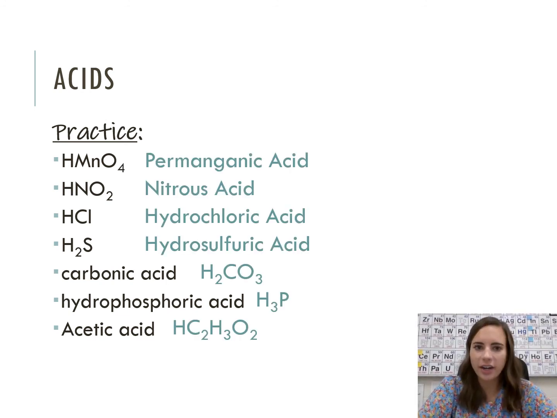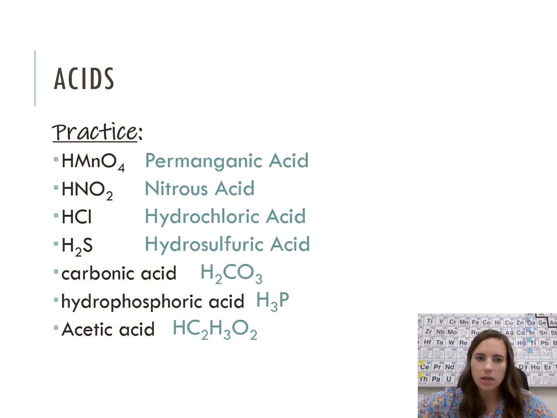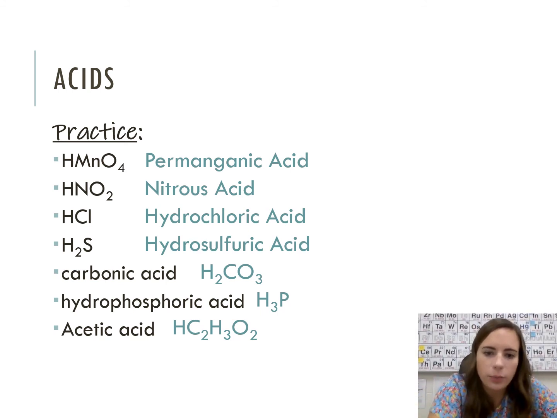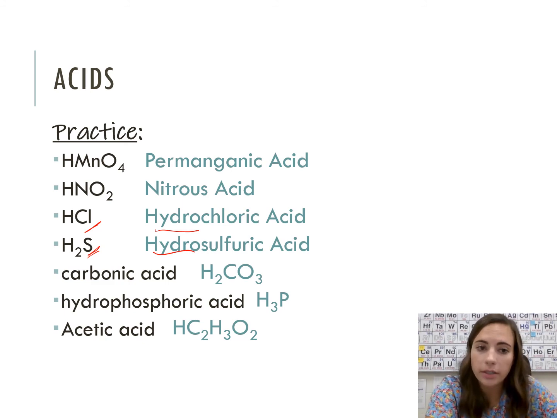All right, so here are your answers to the acids. Our big thing to remember is if we just have hydrogen with an element, like here, we use our prefix of hydro. If we have it with a polyatomic ion, we do not use hydro, and we change what is permanganate to ic acid, and what is nitrite to nitrous acid.